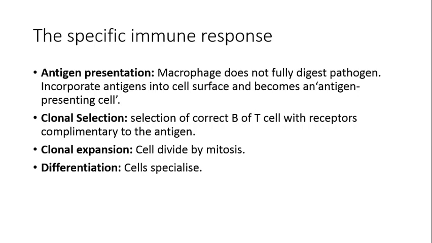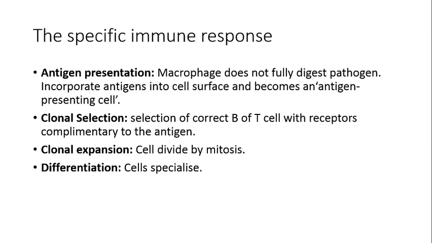That antigen presenting cell will then travel around the body until it comes across the correct type of B and T cell with receptors that are complementary to the antigen. That process is called clonal selection. And the receptors will then bind to the antigen, and the cells then will become activated and they'll start to send signaling molecules. So today we'll be looking at those signaling molecules and their job.